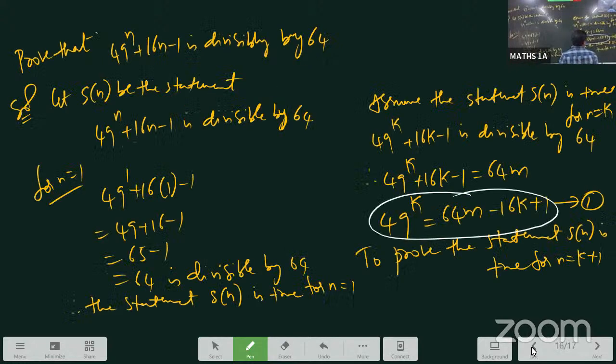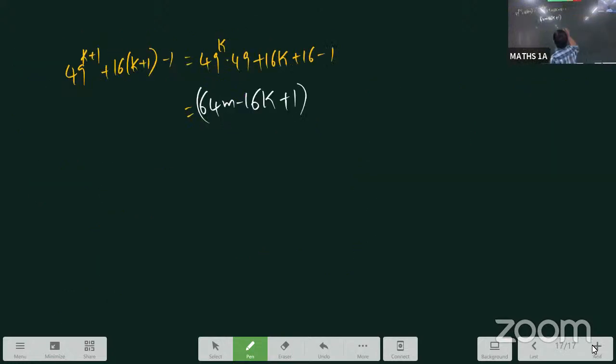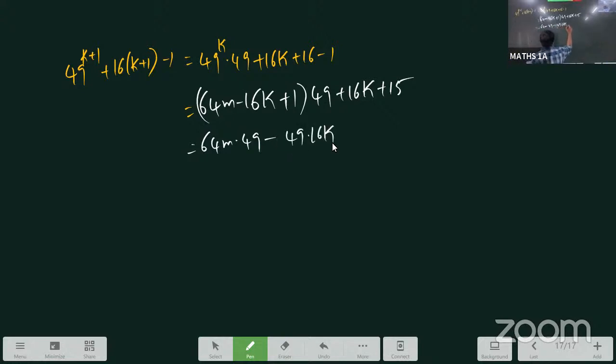Into 49 plus 16k plus 16 minus 1, which is 15. Now 64m into 49, this is okay, minus 49 into 16k, plus 49, plus 16k plus 15. Is it clear?